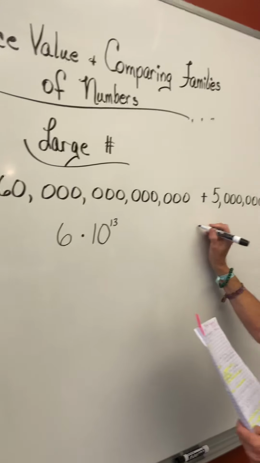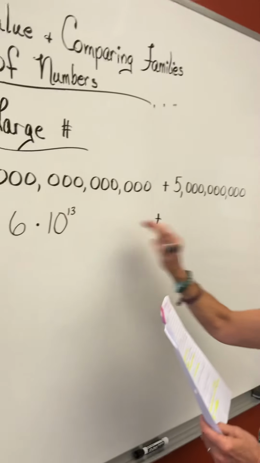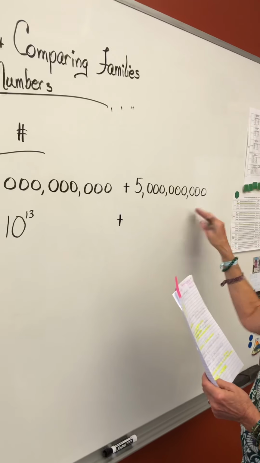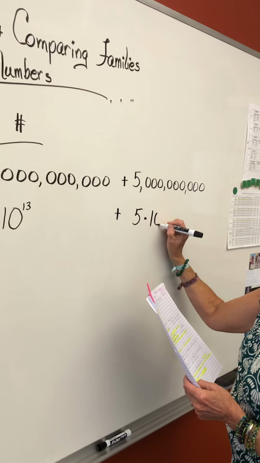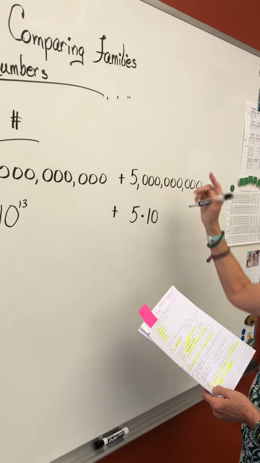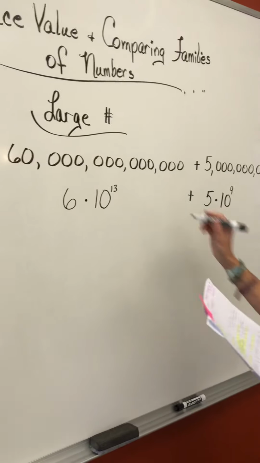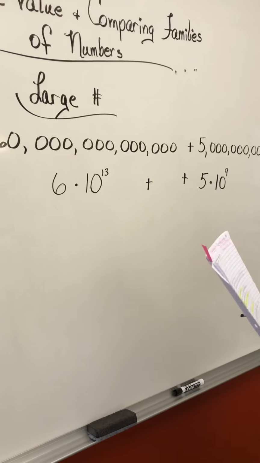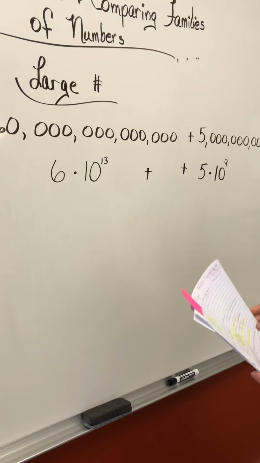So here's a different way of writing these really long numbers, and we use them with the powers of 10. So let's say I'm going to add 6 times 10 to the 13th power to this. So let's take this 5 times 10 to what power? Again, add your zeros here, 3, 6, 9, right? So we can abbreviate it this way, and we can even put that addition in there to show that abbreviated way, okay?